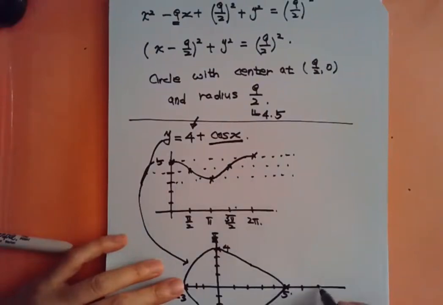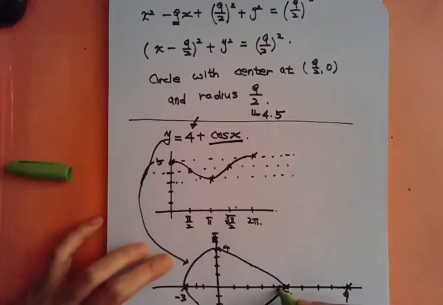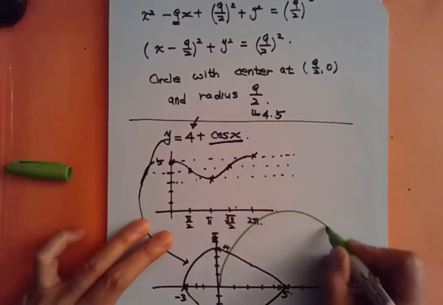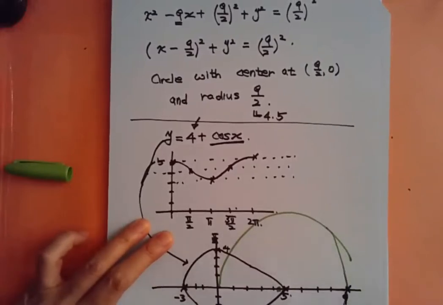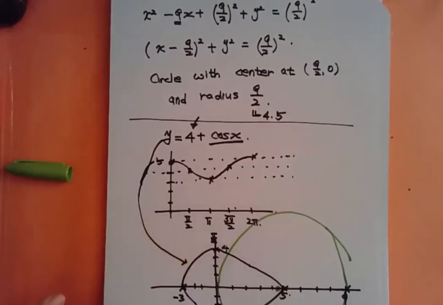So 1, 2, 3, 4. It'll pass at 9. And then it'll be a circle whose center is right here. And it should be a pretty big circle, but I don't have enough paper, and so just a circle.